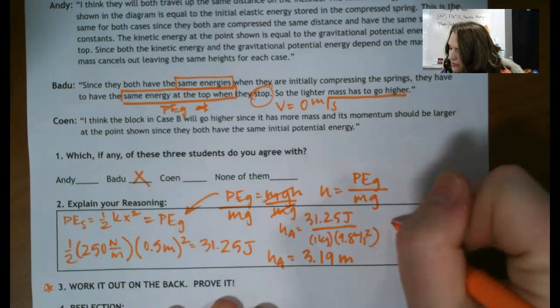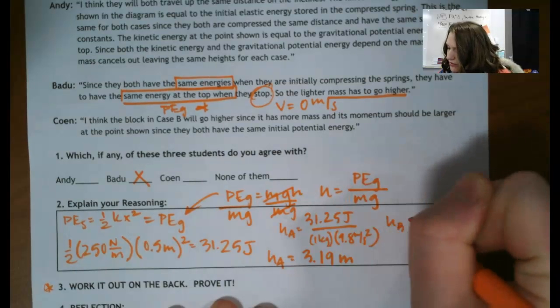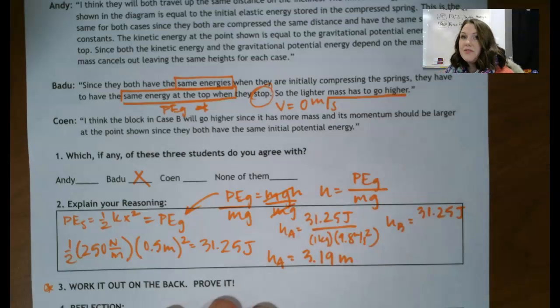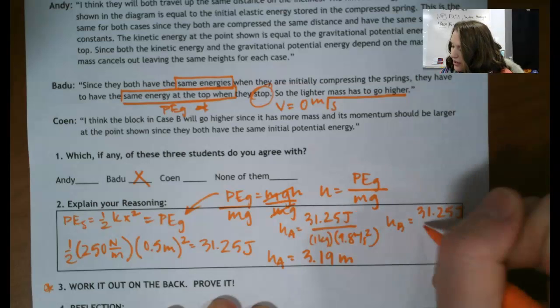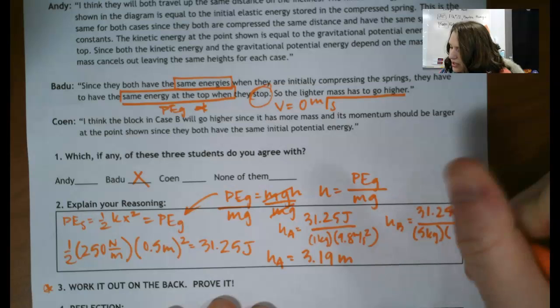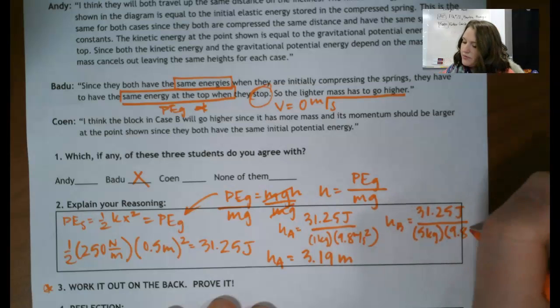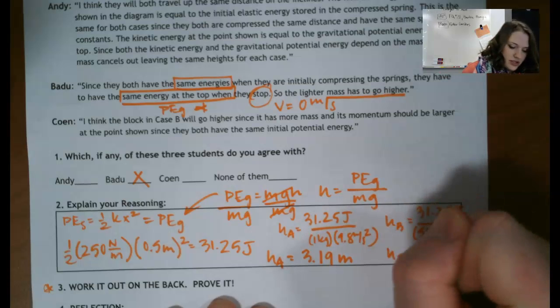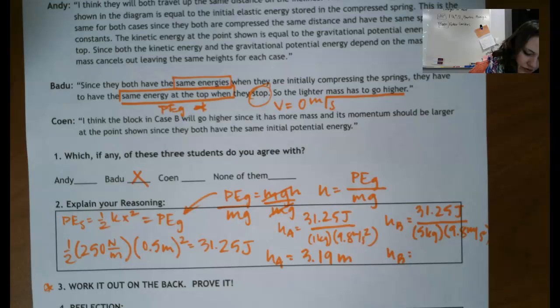Let's do the same thing for object B. 31.25 joules because of the same initial energy. So at the top they must have the same gravitational potential energy, but I've got 5 kilograms of mass that's making use of that energy times 9.8 meters per second squared. So now, when I type that in my calculator, 31.25 divided by 5 divided by 9.8.